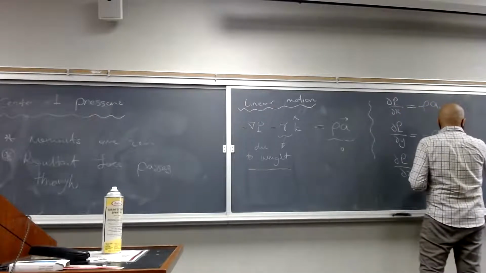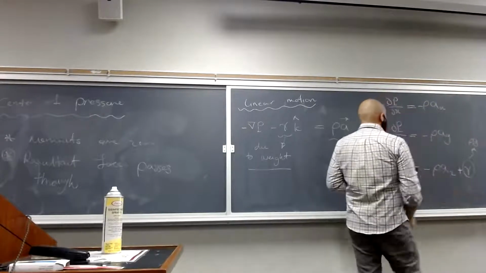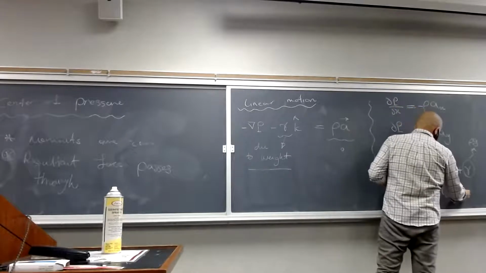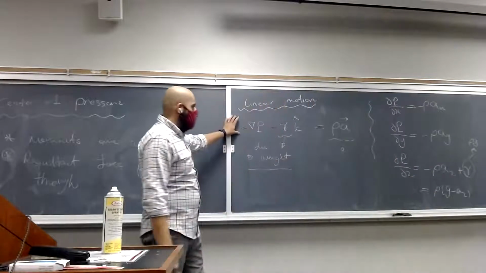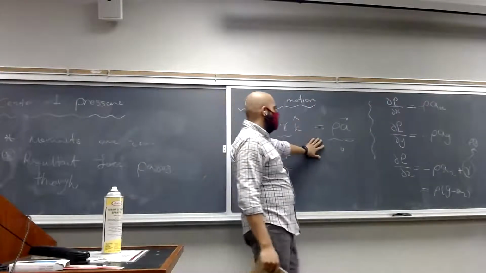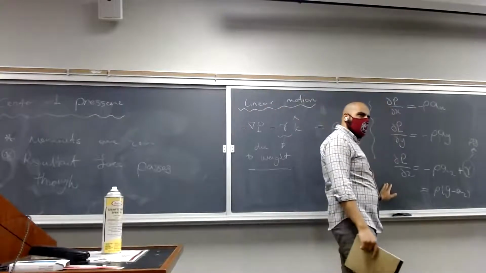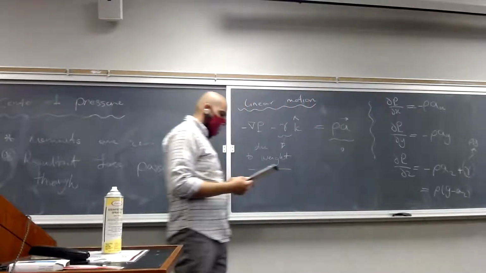Gamma is going to be your rho multiplied by the gravitational acceleration. We can combine these two and do g minus a of z. So we have had this equation. The only difference was that we set the acceleration to 0. When you are having motion, you don't set the acceleration to 0. That is the main difference.